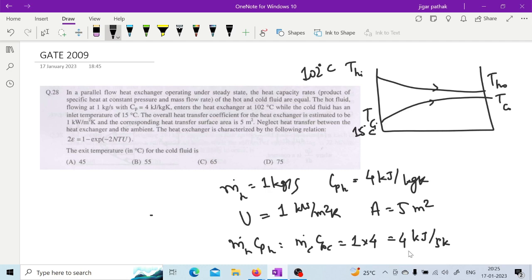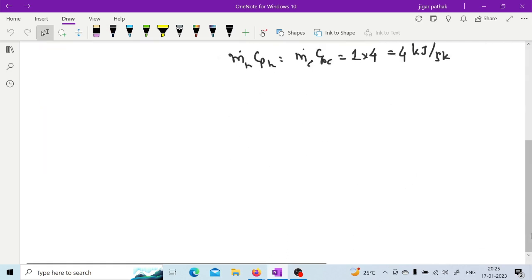So now you are already given the expression of effectiveness, right? Let us see how you can reach that. So you have this capacity as 4 kilojoule per second Kelvin.